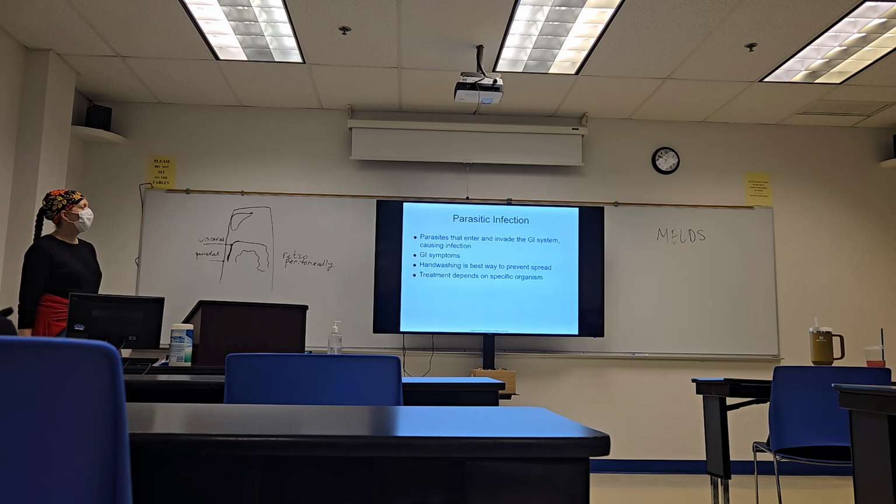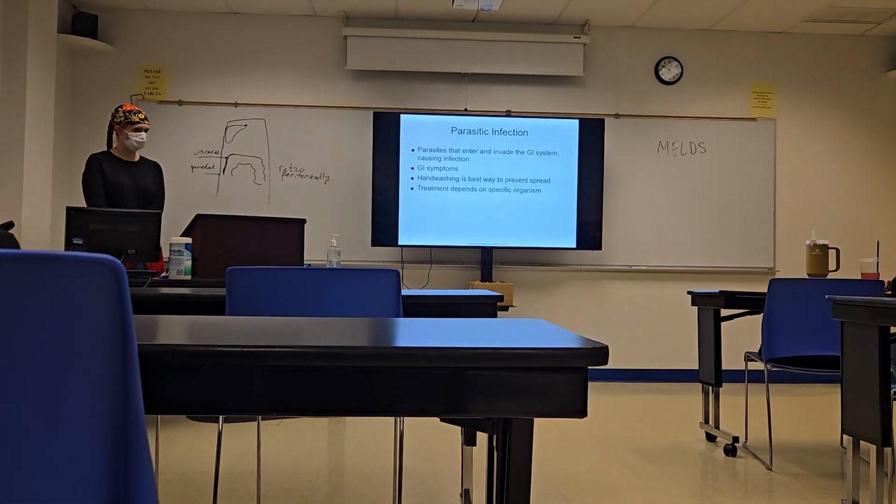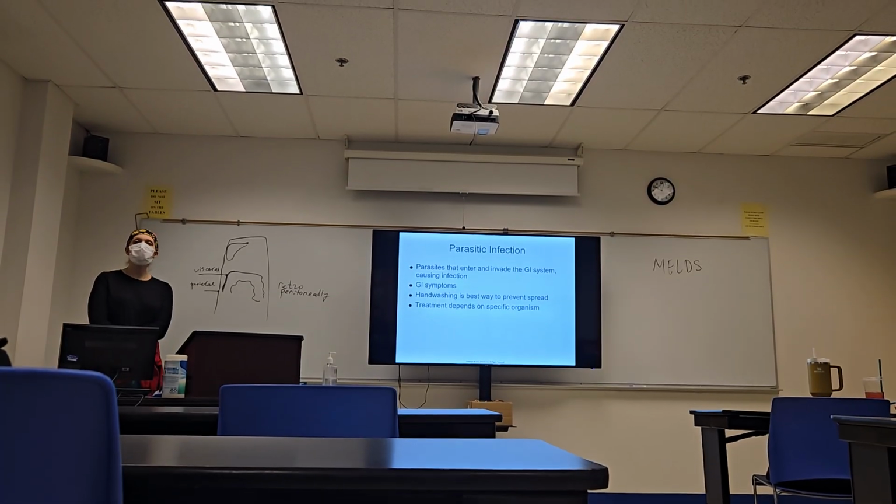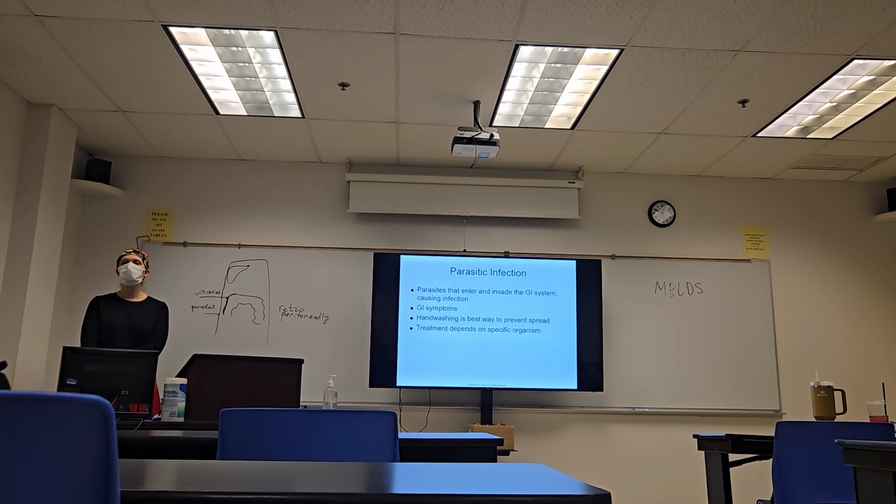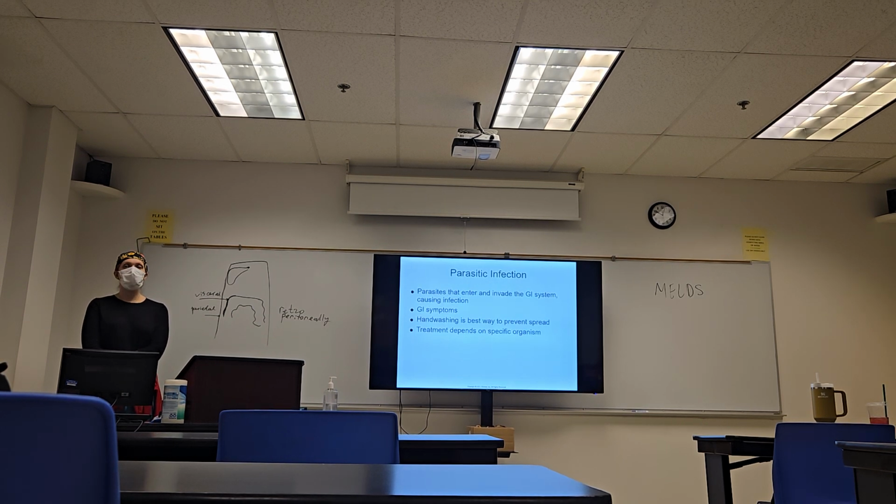Parasites. Where do we get parasites? Raw meat. They can come from water. If you decide to sip from the lake, uncooked meat, dirt, if you choose to eat dirt, fine.